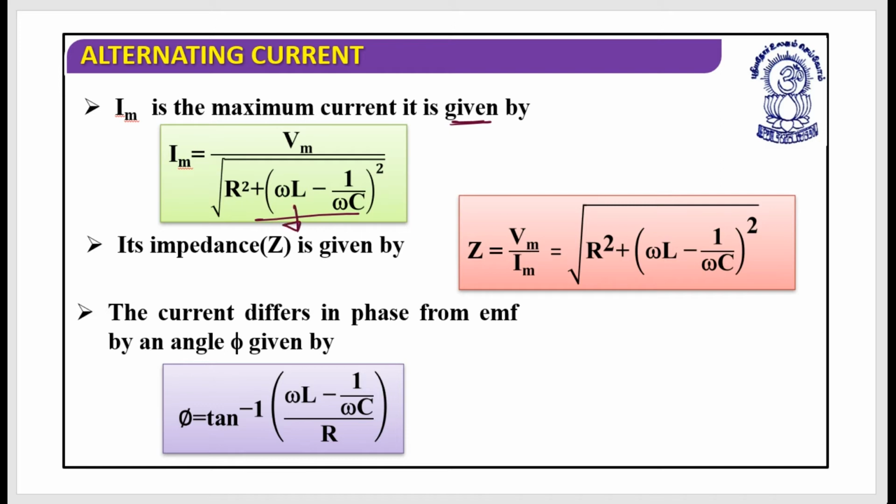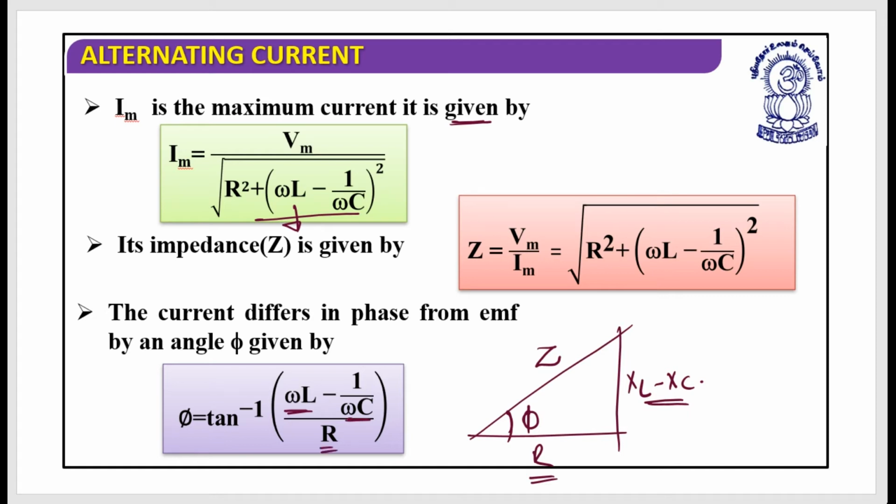This is what we call the impedance, and we have also derived the impedance triangle. It was something like this: this was phi, this is R, this is XL minus XC, and this is Z. From this, tan phi is equal to XL minus XC by R. XL could be represented as omega L, XC could be represented as 1 by omega C, and R is R. From this, cos phi could be given as R by Z. This is the cos phi. I hope this is clear. This is the power factor.